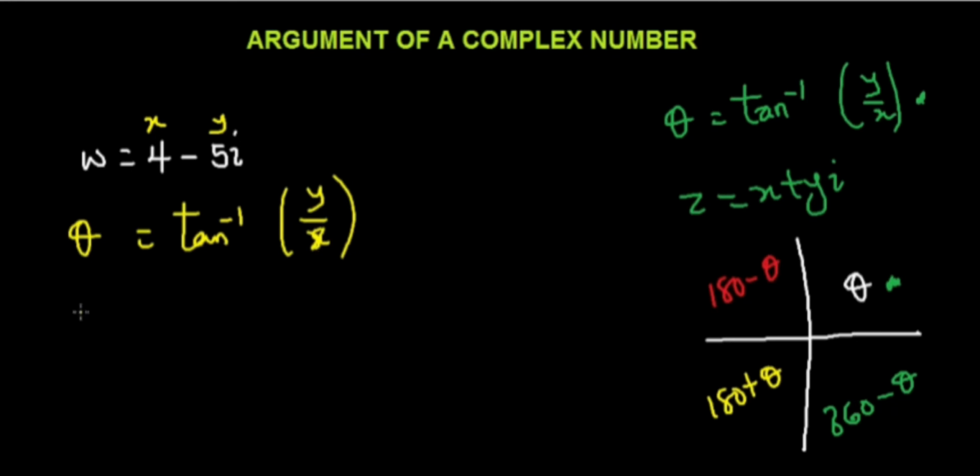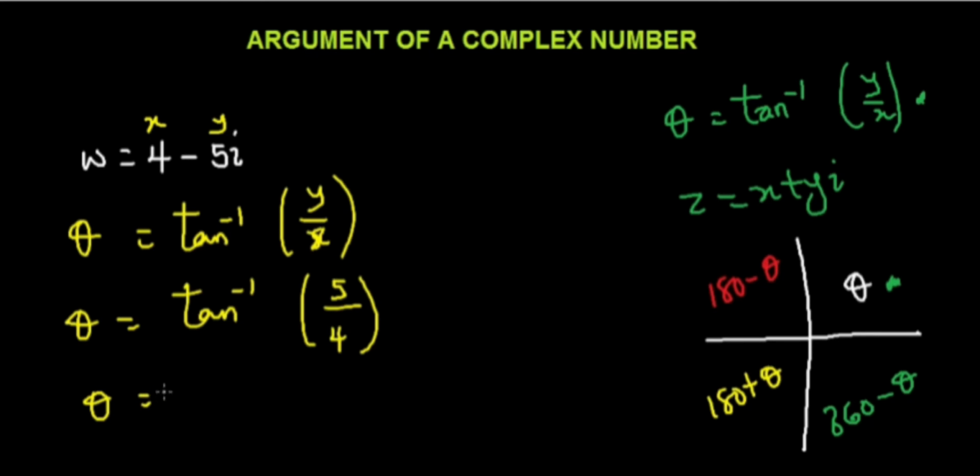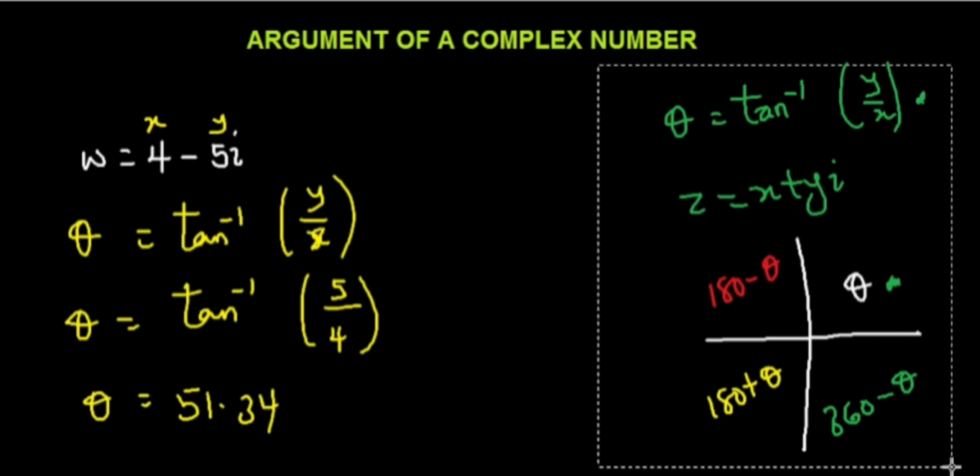To find this, don't include the sign, just write the numbers alone. My y is 5, forget about the minus, and I'll have 4 here. If I do arctan of 5 over 4, I will have 51.34, but this is not my final answer. I will get the correct answer after I represent this on an Argand diagram.